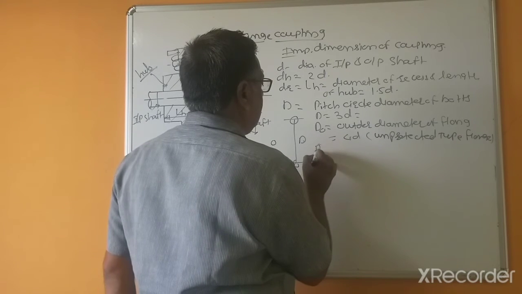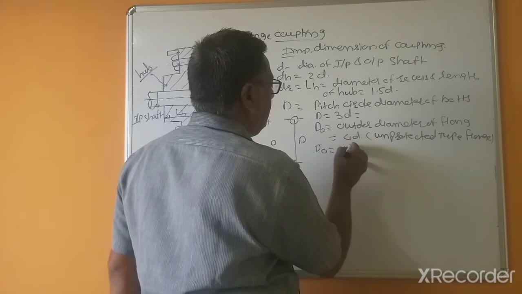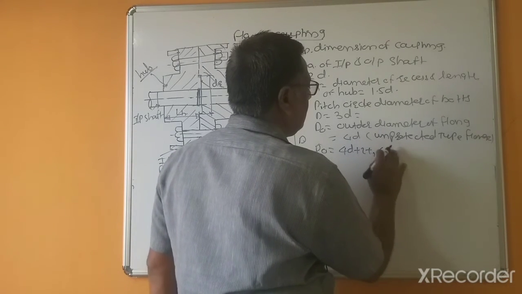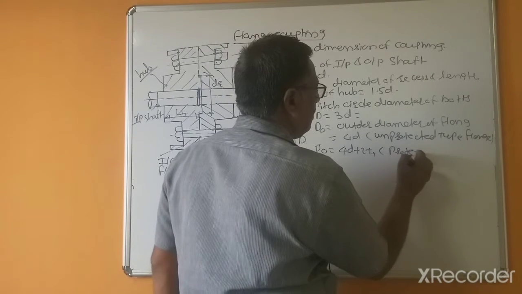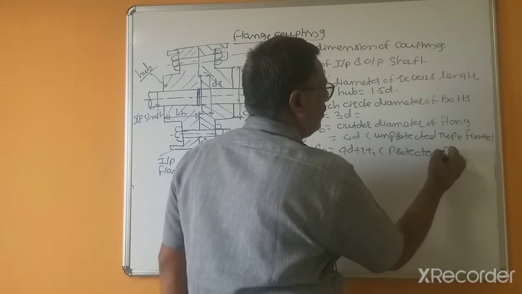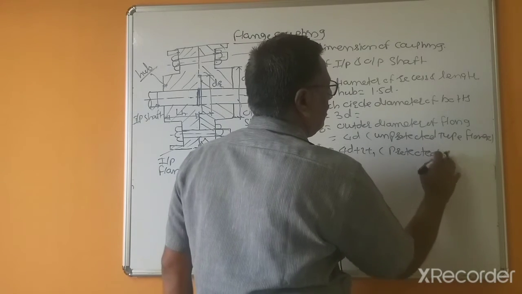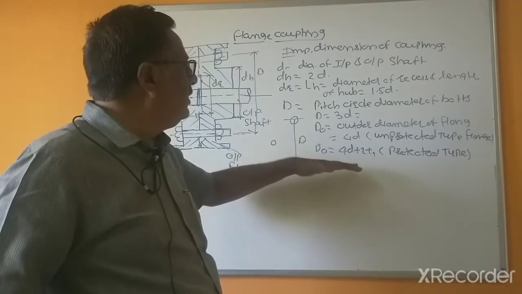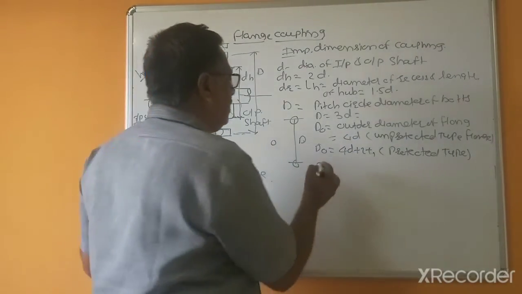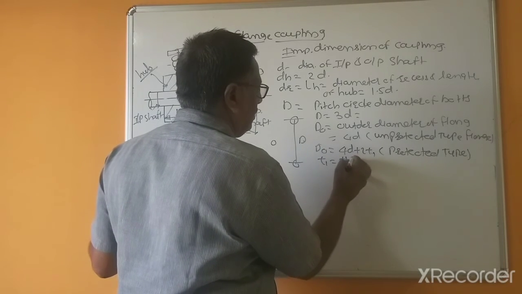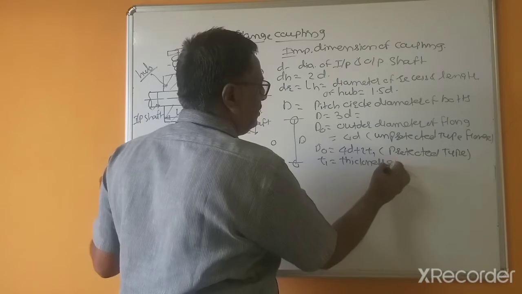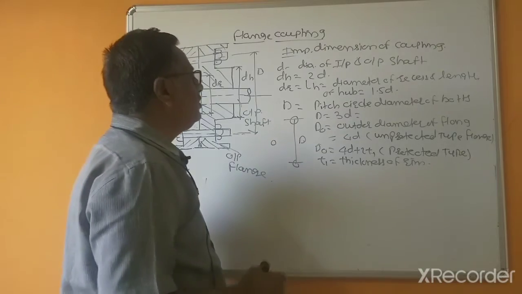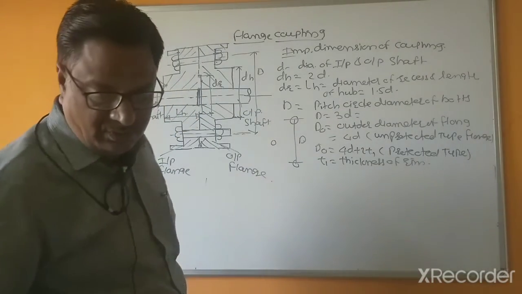And this is 4d plus 2t1, and this is for the protected type flange. The design is the same, only the outer diameter is different, and t1 is the thickness of the rim. This portion you can call a rim. t1 is the thickness of the rim. These are the important dimensions.